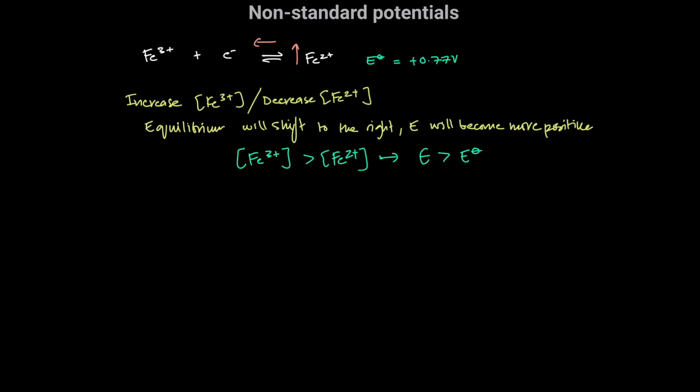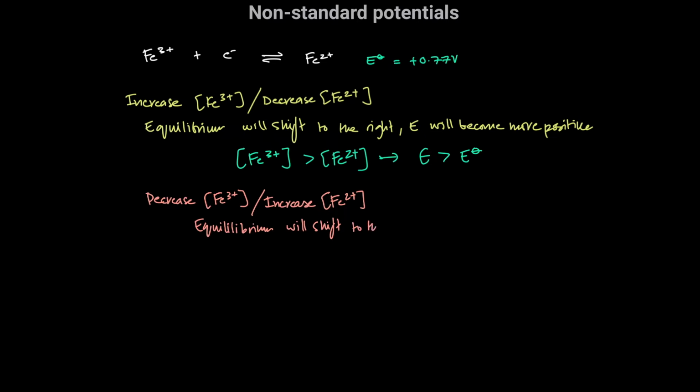In both of those cases, when the equilibrium shifts to the left, E will become less positive. So if I decrease the concentration of Fe3+, or I increase the concentration of Fe2+, the equilibrium will shift to the left and E will become less positive.